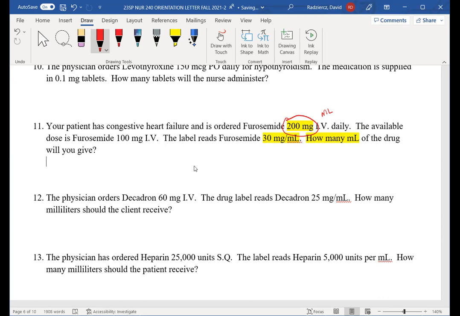So on the label, it tells us 30 milligrams per milliliter. Those are the two data points that we would use, and we would ignore the 100 milligrams because that just tells us the total. Okay, so that to me sounds a lot like a reconstitution type question.